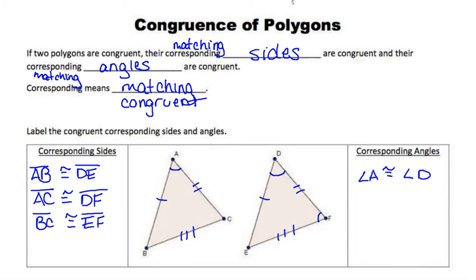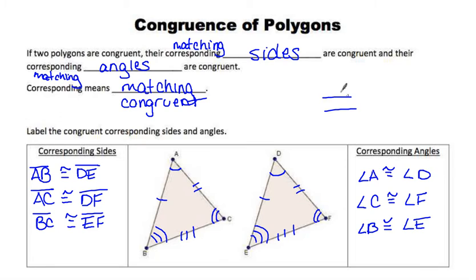Angle C, and I'm going to put two little swoops in it, is congruent to angle F. And then angle B is congruent to angle E. All right, and this little symbol that I'm drawing, this is the congruent symbol, with an equal sign and the little swoosh on the top.